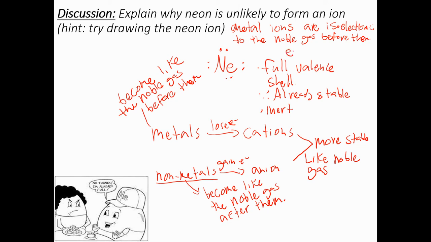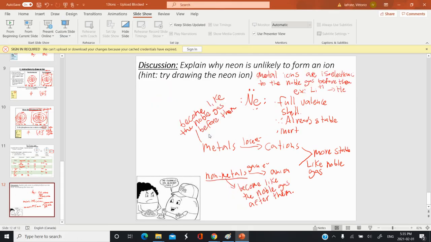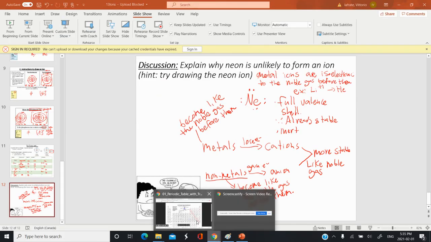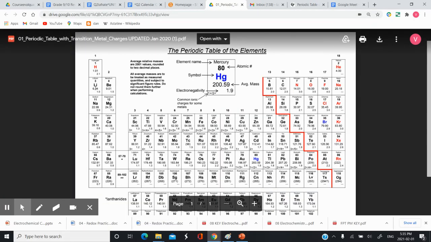So for example, lithium plus 1 would be isoelectronic to helium. How did I know that? Lithium's over here. It will lose an electron to become like the noble gas before it, which is helium.